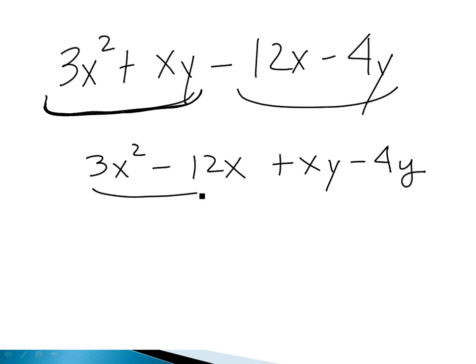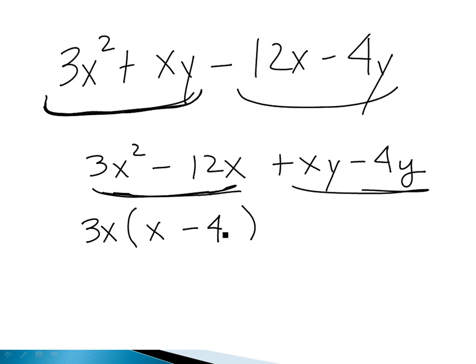So factoring this, the GCF out of this will give us 3x, and then we have x minus 4. Over here we can factor out a y, and we have x minus 4. So look at that. Actually did not turn out so bad, because we have a common binomial factor here as well.